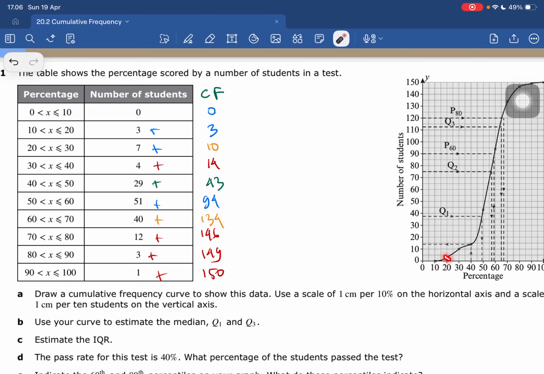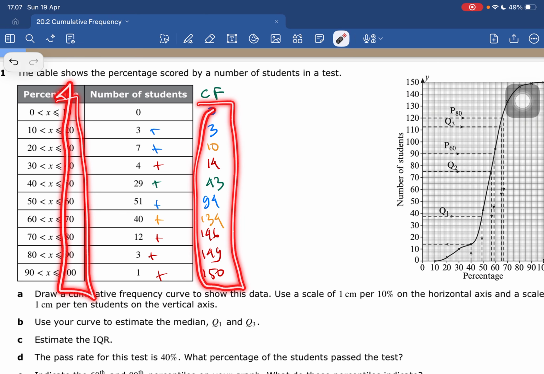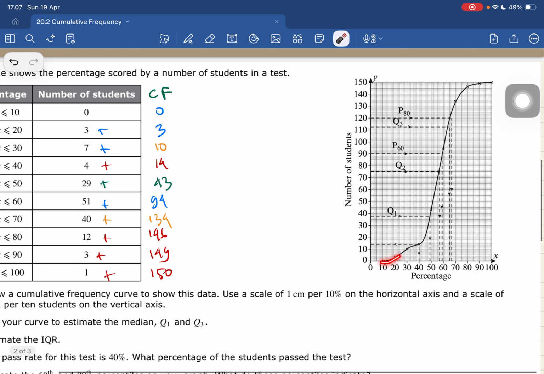Next, last class, 30 and 10. Then 40 and 14. So we just use the last class width with the cumulative frequency. Then you just draw the line later on.